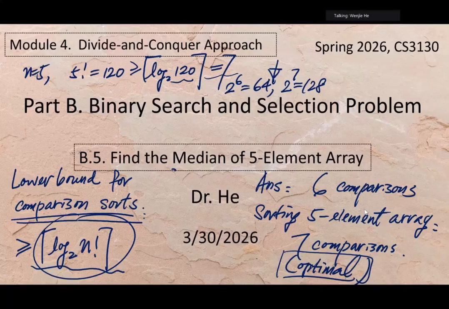All right. Now next, let's work on this B.5 question. The question: find the median of a 5-element array.